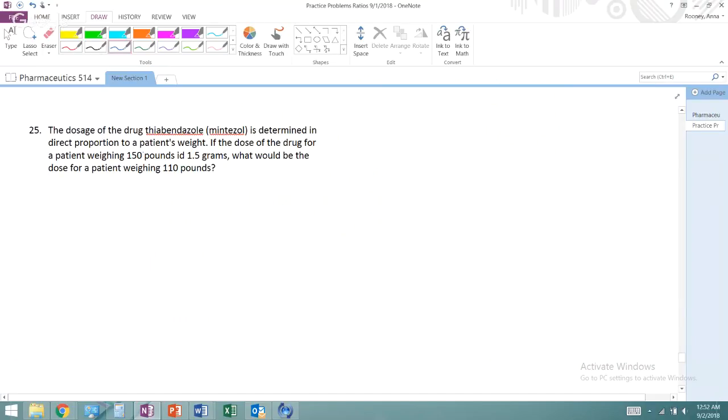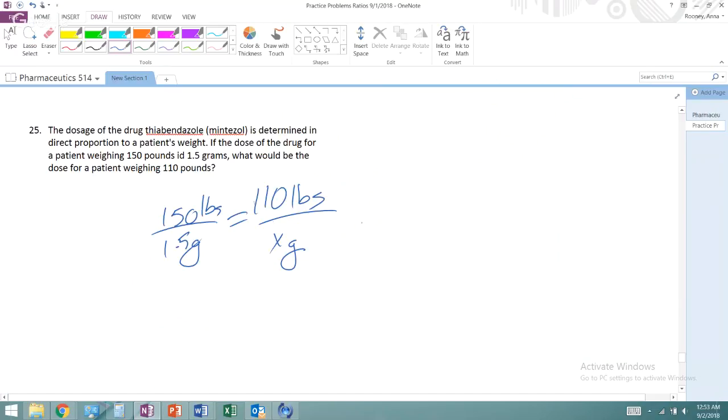All right, the dosage of the drug thiabendazole is determined to be proportional to the patient's weight. So if the dose of the drug for a patient weighing 150 pounds is 1.5 grams, what would be the dose for a patient weighing 110 pounds?